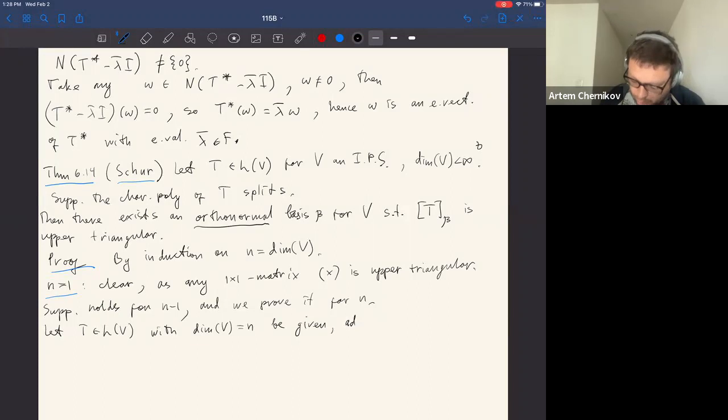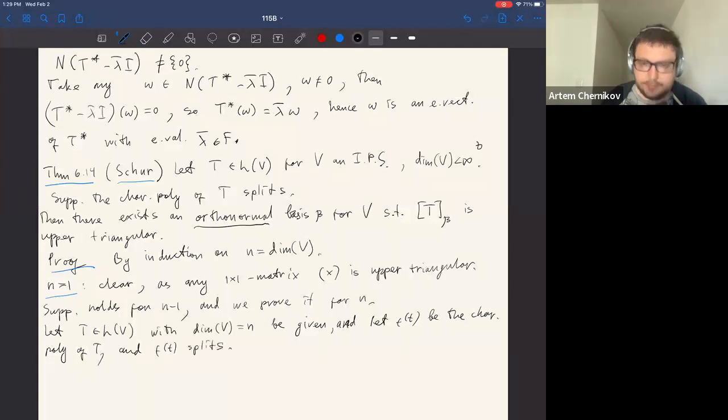We denote by f of T the characteristic polynomial of T, and we assume that it splits. That's the assumption of the theorem.